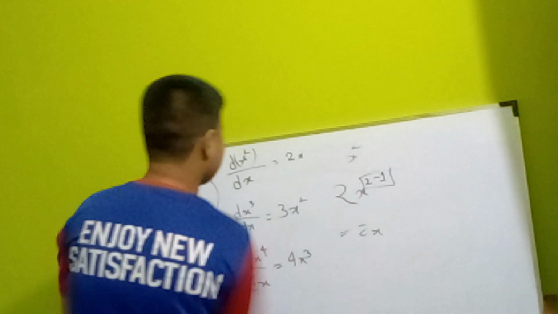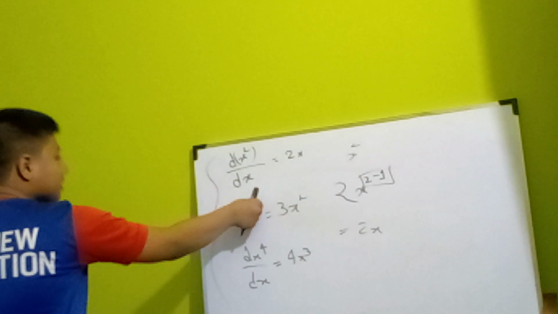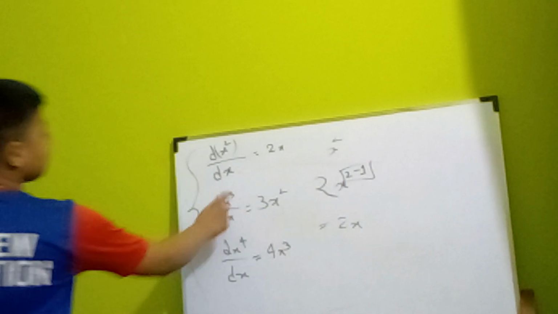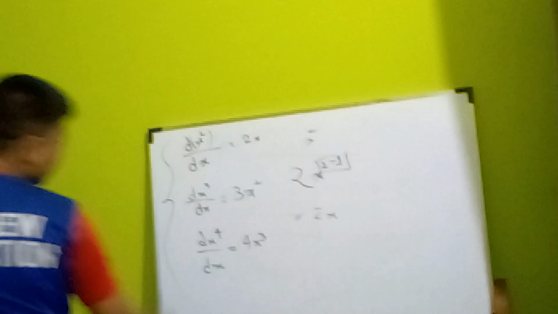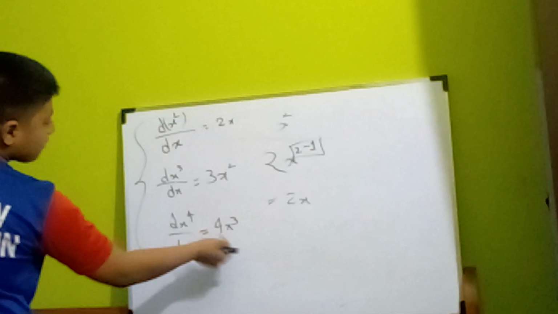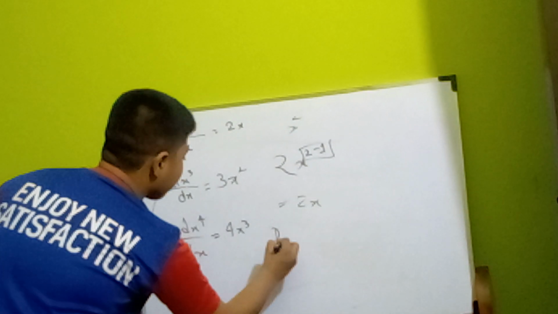Now we're left with 2x. This is the same for this. The x cubed, this 3 comes here, and 1 gets subtracted from this 3. And here in the 4th power, this 4 comes here, and 4 minus 1 is just 3. This is called the power rule of differentiation.